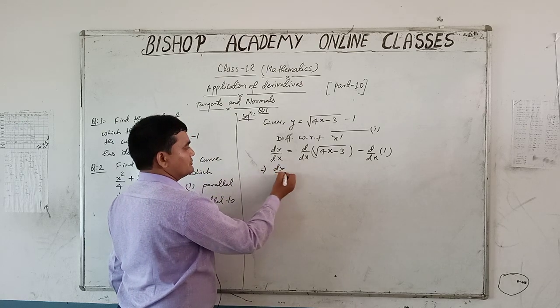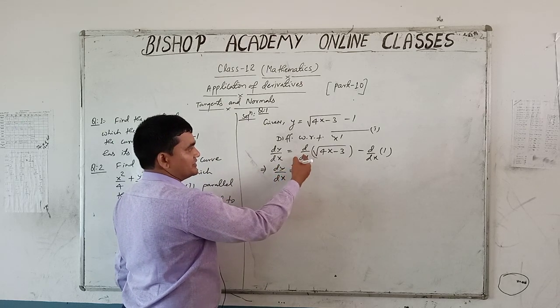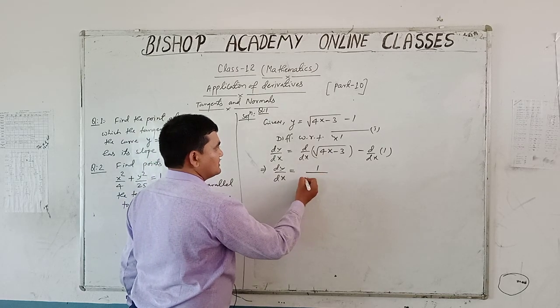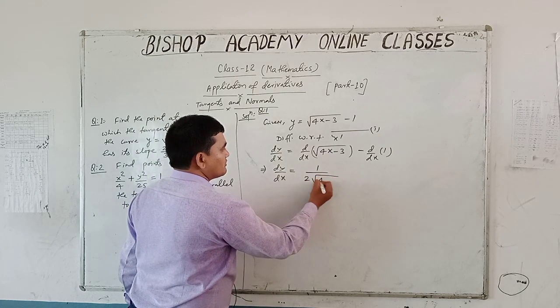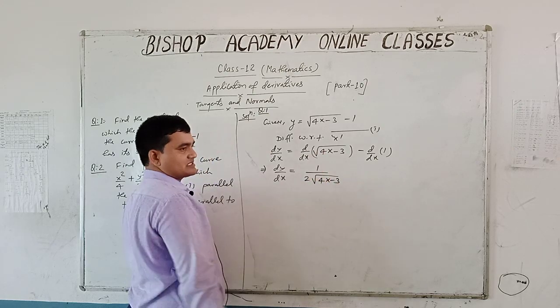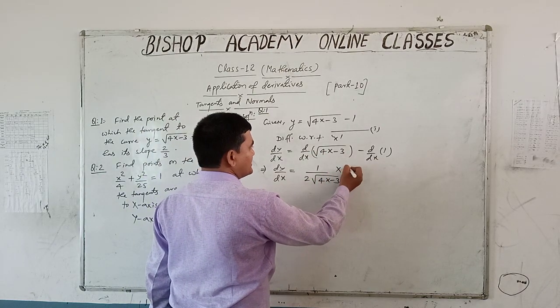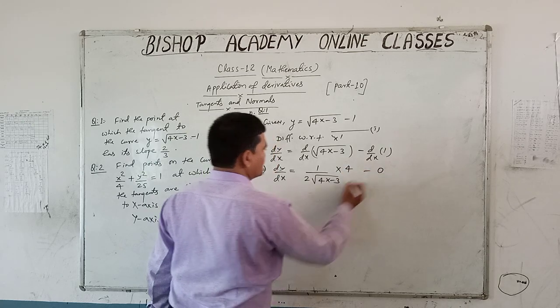This implies that dy by dx equals d by dx of root of (4x minus 3), that is 1 upon 2 root of (4x minus 3), multiplied by the differentiation of 4x minus 3, which is 4 minus 0.